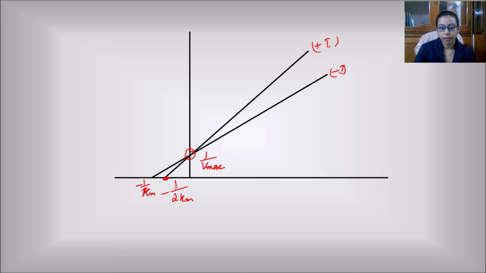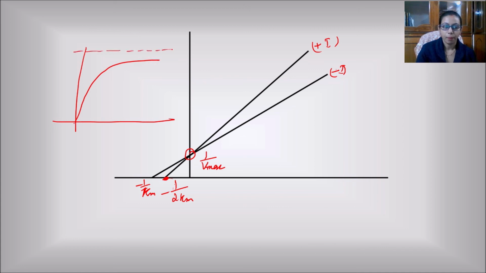So this will just increase the Km value. Even if we plot the graph on the Briggs-Haldane equation, it will not affect the Vmax, but in the presence of the inhibitor, it will definitely affect the Km.